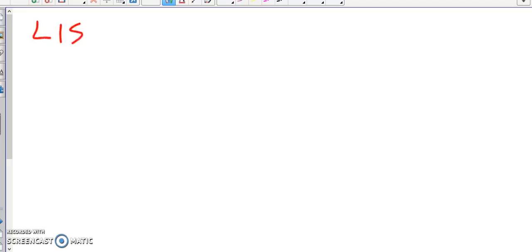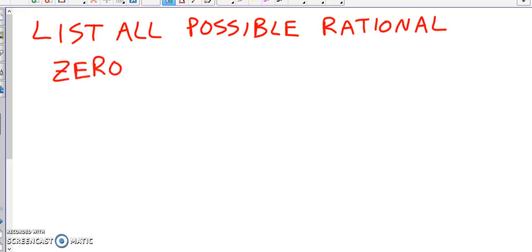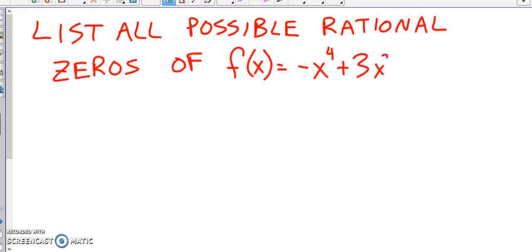So, list all possible rational zeros of f of x equals negative x to the fourth plus 3x squared plus 4.